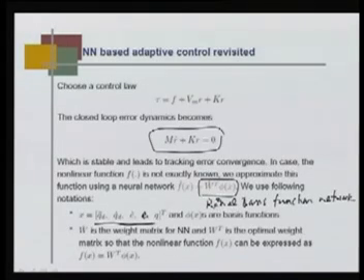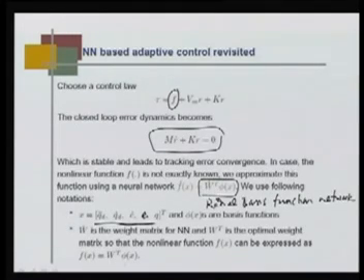W is the weight matrix for the neural network, and W transpose is the optimal weight matrix. So the nonlinear function f x can be expressed as W transpose phi x.